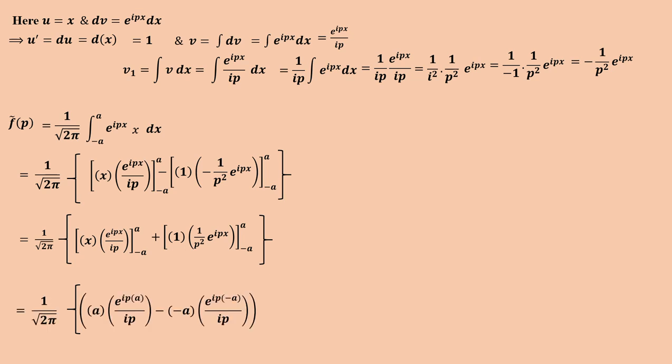Upper limit: a e power i p a by ip, minus a e power minus i p a by ip, plus 1 by p square e power i p a, minus 1 by p square e power minus i p a. So 1 by root 2 pi: a by ip times (e power i p a plus e power minus i p a).